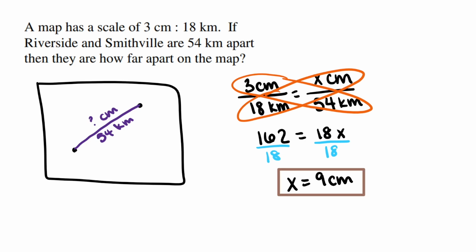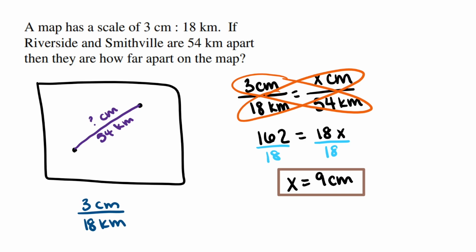If we didn't want to set up a proportion to solve this, another way is taking that scale factor, which is 3 cm over 18 km. Basically, you would put whatever it is you're looking for on the top of the scale factor. We're looking for centimeters, so we want centimeters on top.